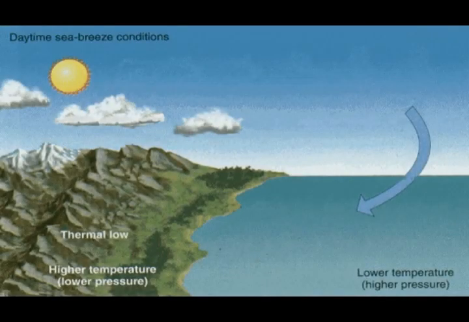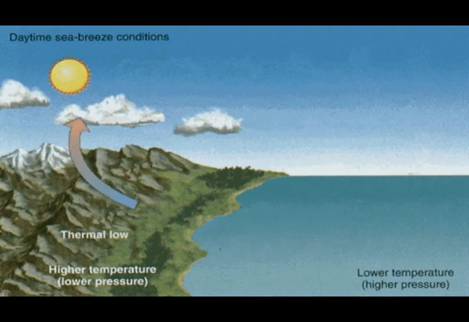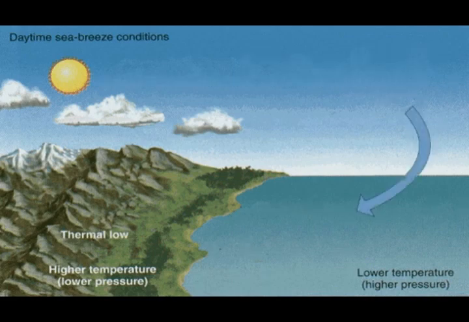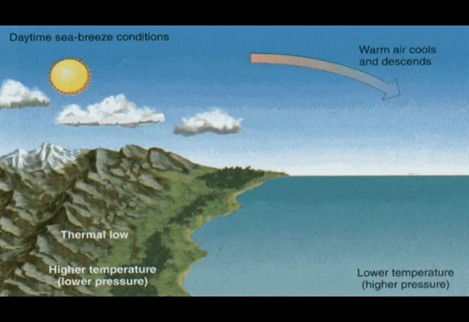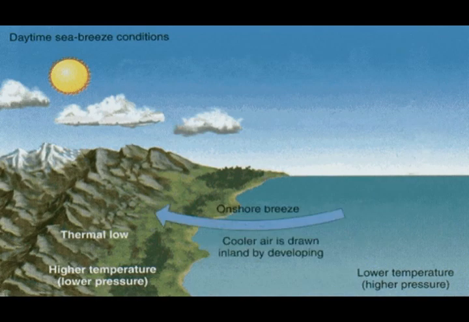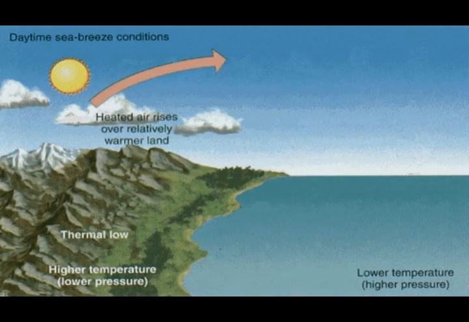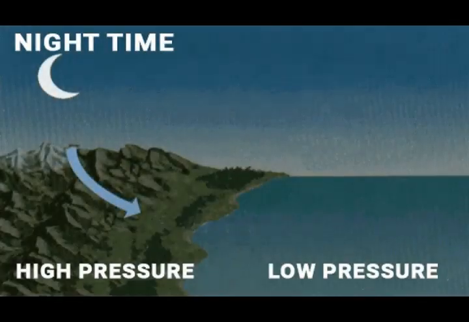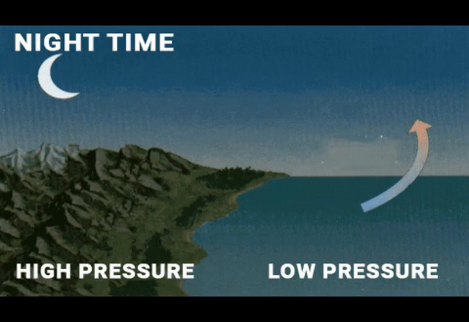Here we can see an illustration of sea breeze occurring during the course of the day. As you can see, it's a cycle. Here is a demonstration of land breeze in motion.